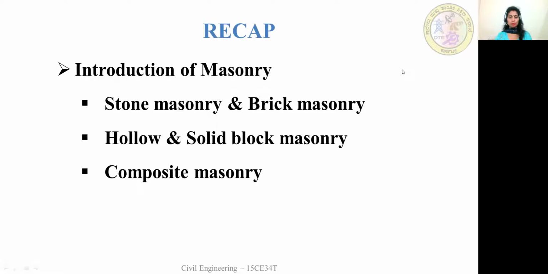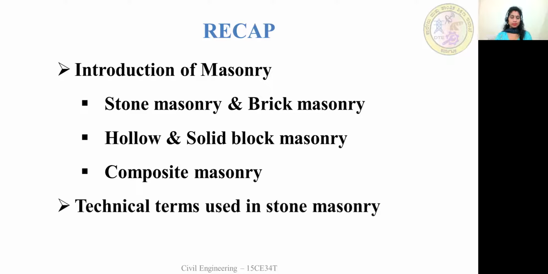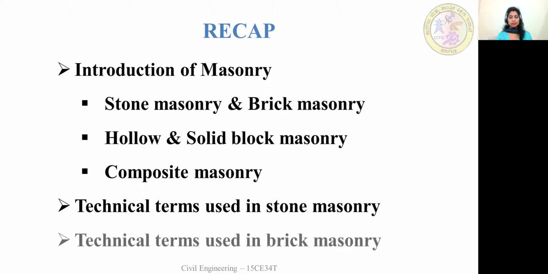Either we can use stones, bricks, solid blocks, etc. Next, the different types: stone and brick masonry, hollow and solid block masonry, and composite masonry. We have studied technical terms used in stone masonry and technical terms used in brick masonry.